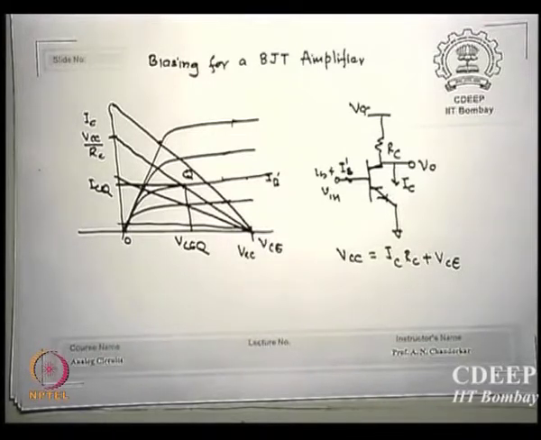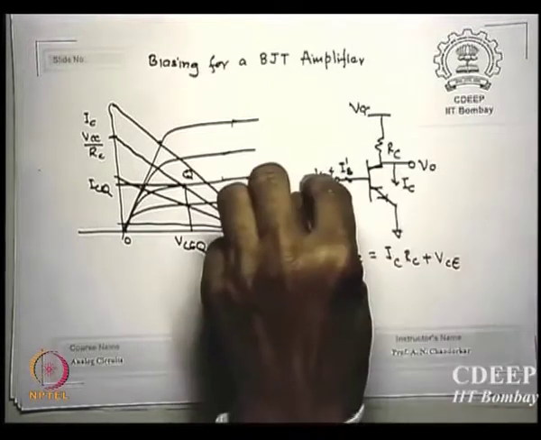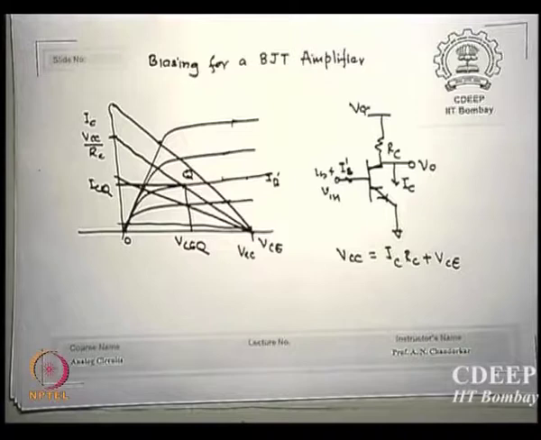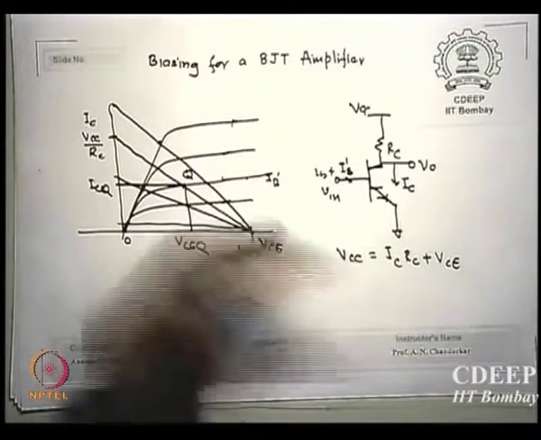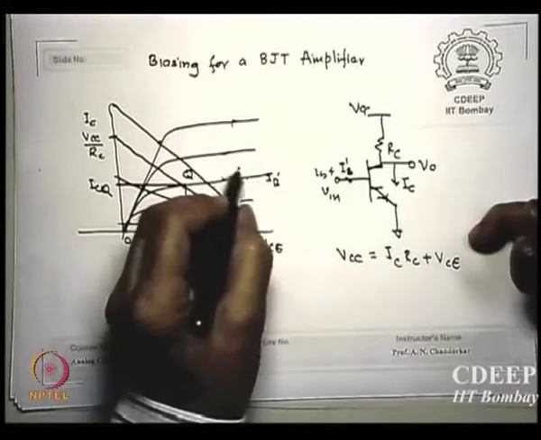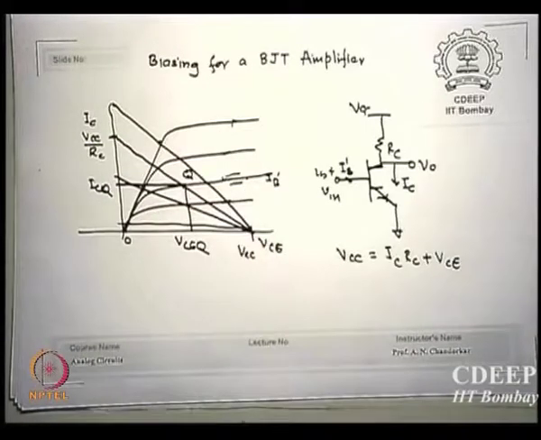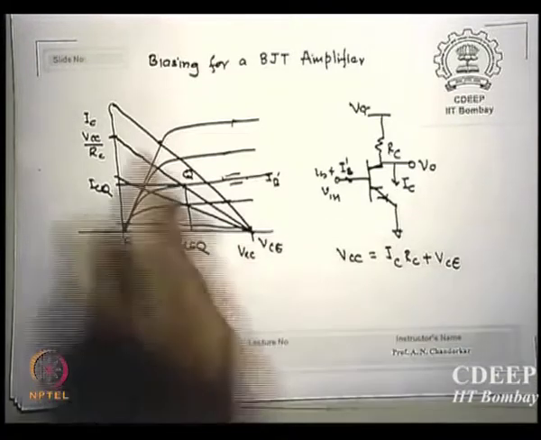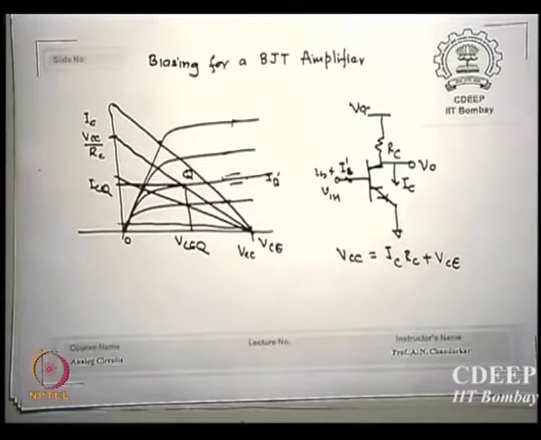Okay. The reason we are not too worried is that the change in IB, which I showed here, is small, a few millivolts. So the variation in IB is so small that for the same RC value, the change in IC will also be small.